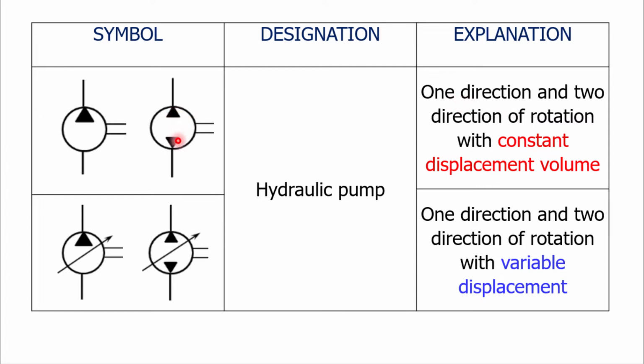When two triangles are provided in opposite direction, the meaning is that it is a two direction pump. Two parallel lines are designating that the displacement volume is constant.